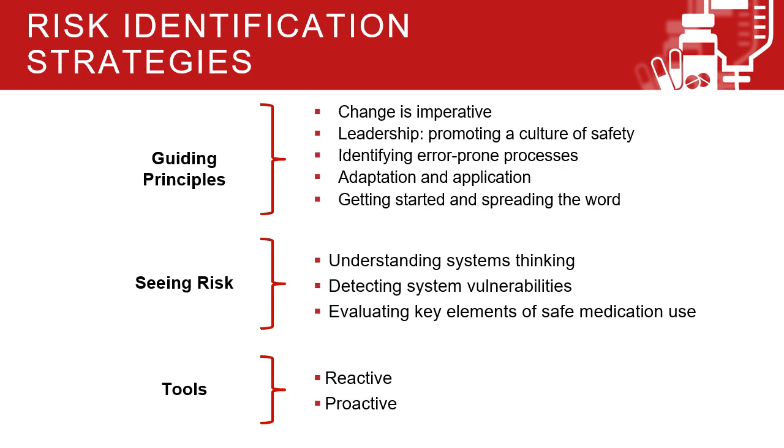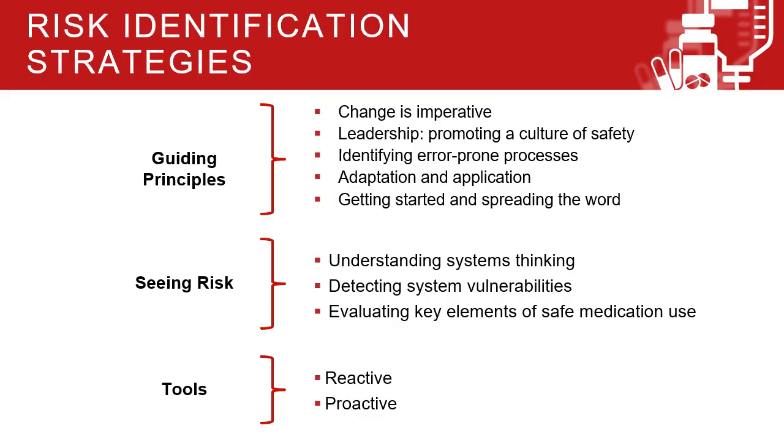In the section on seeing risk, we touched on two models, the Swiss cheese model and the Sybils model, which aid in our development of a systems thinking mindset and provide a framework for detecting system vulnerabilities. To understand and apply systems thinking to this work, we must recognize that risks arise not just from individual actions, but from how people, processes, and technology interact within the medication use system.